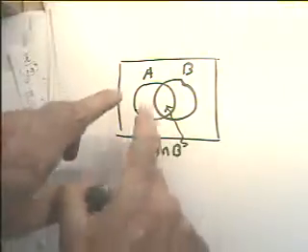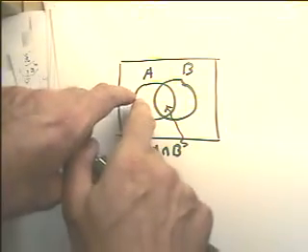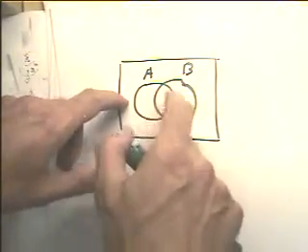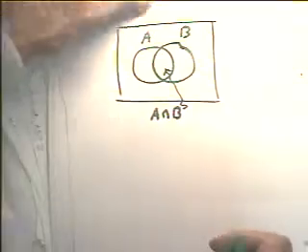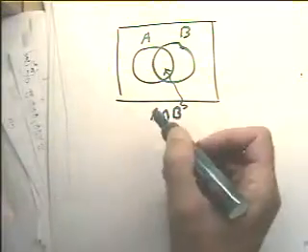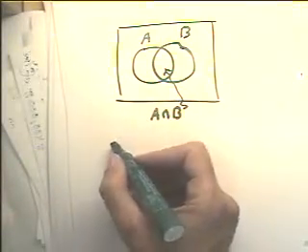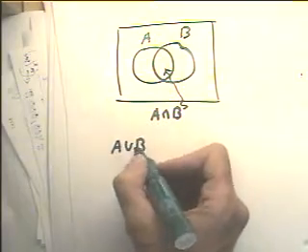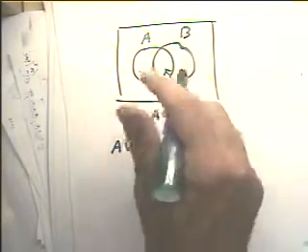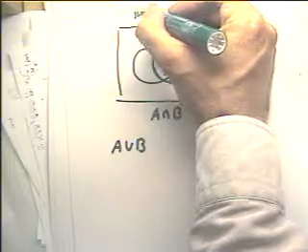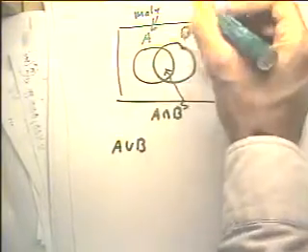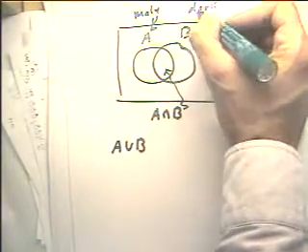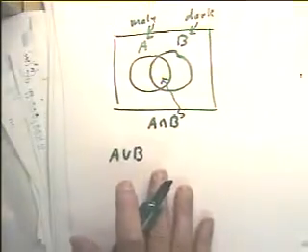If we want the number of people in the sets A and B, okay, again, if A is the males and B is the dark-haired, then A union B, let's go ahead and just label these male and dark.